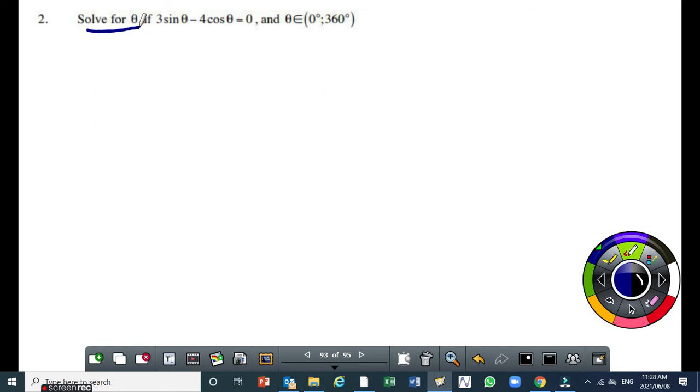In this case, the values of theta are between 0 degrees and 360 degrees. That's our restriction. So our values of theta must be between 0 degrees and 360 degrees.